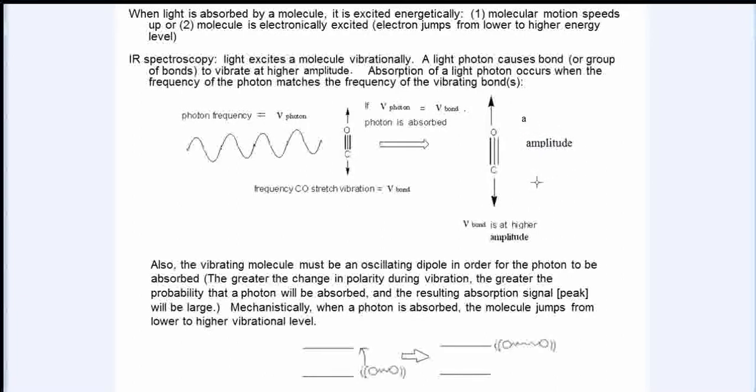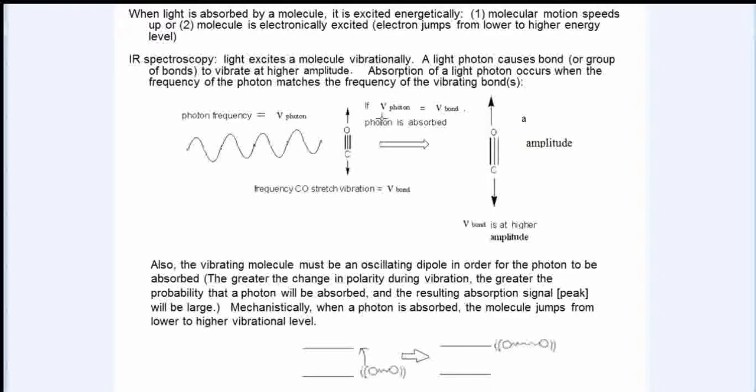Let's look at an example. Consider a molecule of carbon monoxide, shown here. It has just a single vibrational motion, where the CO bond lengthens and shortens over time. Now, the fundamental frequency for the carbon monoxide molecule is known. It's not important that you remember this, but it happens to be 6.5 times 10 to the 13 hertz.